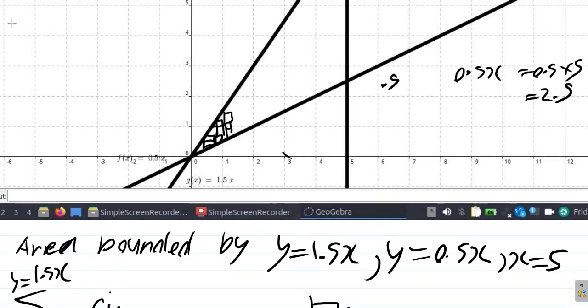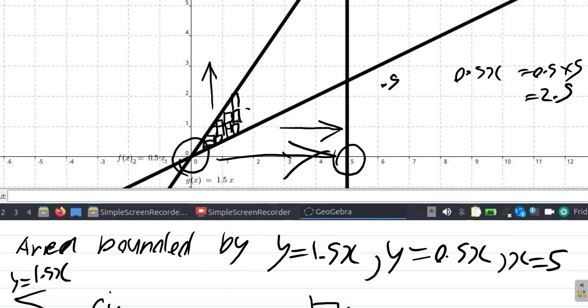After we stack up, we pack from floor to ceiling certain heights, we need to go sideways, so we stack them upwards and then to the right. So we need to add up these, and we add them up from 0 up to 5. So x is going from 0 to 5. You see that?